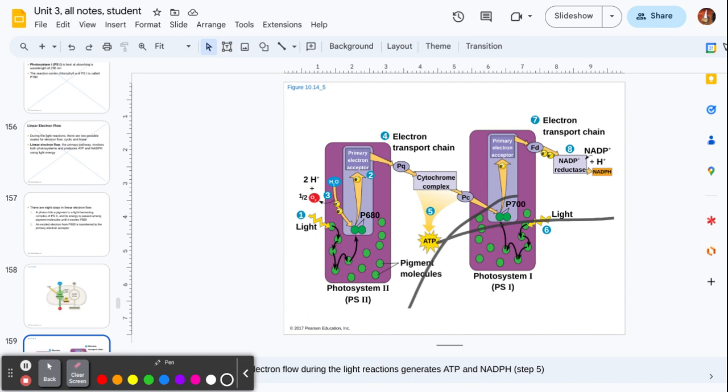There is an electron transport chain in photosynthesis that's happening during the light reaction. When those electrons are flowing from carrier to carrier, you're getting that pumping of protons against their concentration gradient. They flow back down their concentration gradient to generate ATP. It's the same process, different system, same process.